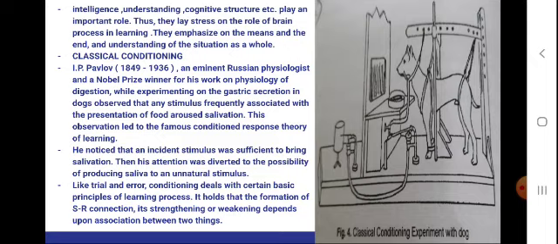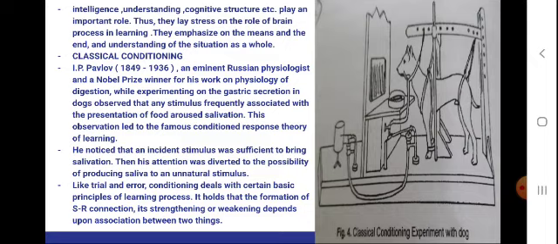While experimenting on the gastric secretion in dogs, he observed that any stimulus frequently associated with the presentation of food, it aroused salivation in the dog. This observation led to the famous conditioned response theory of learning. Now, Pavlov noticed that an incident stimulus was sufficient to bring salivation.